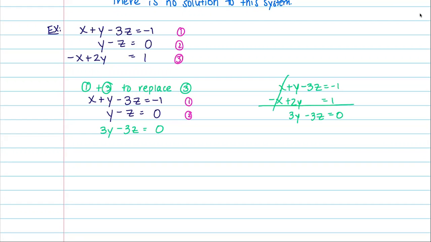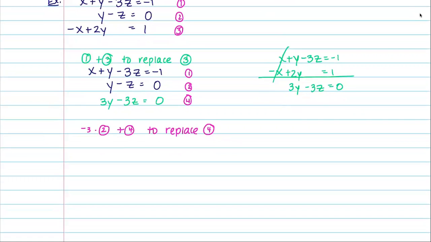And now I can add -3 times the second equation to the third equation to produce a new third equation. So I'm adding -3 times my second equation to, well, I guess this would be equation 4, and I'm going to replace equation 4.